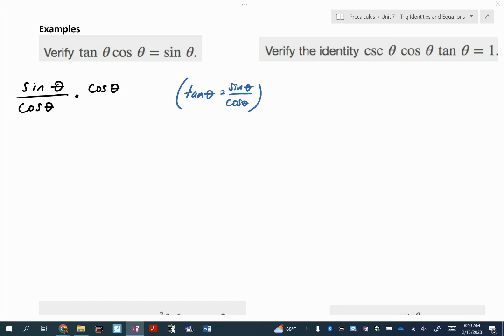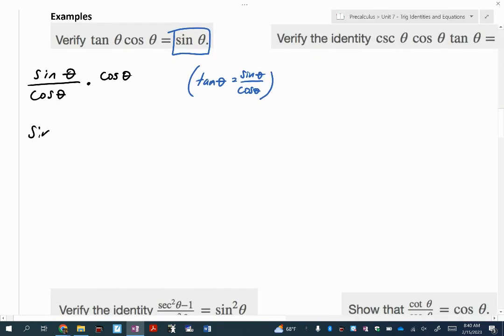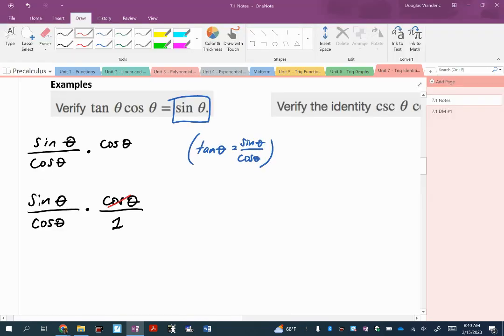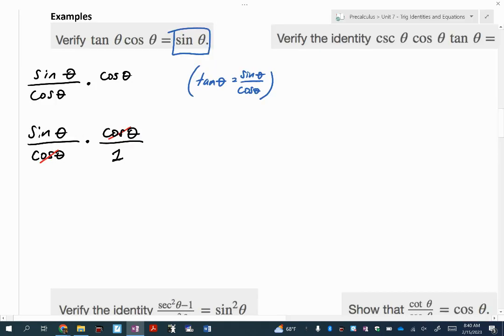Remember, ultimately, at the end of the day, I'm trying to get sine theta. So I'm still not there yet. I'm going to rewrite it, and I'm going to put a 1 underneath cosine theta. And maybe you'll see that when we multiply, we can cross out diagonally. When we cross out diagonally, the cosine thetas cancel and make 1.